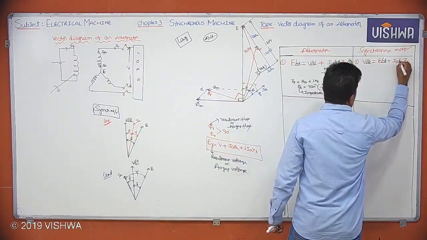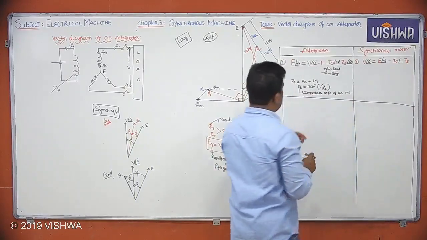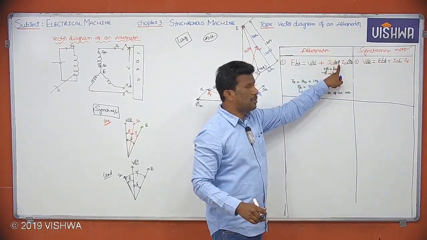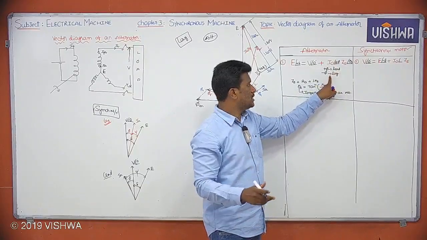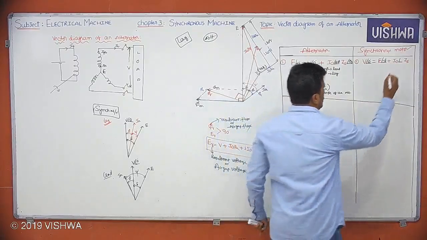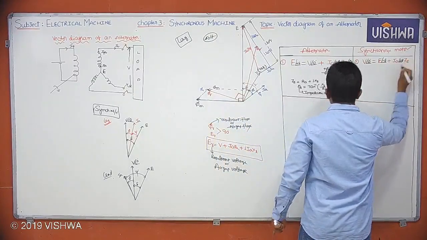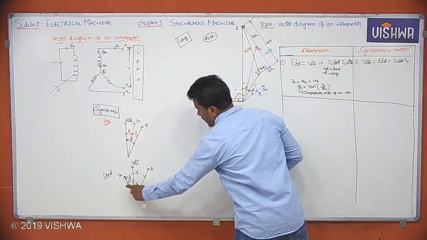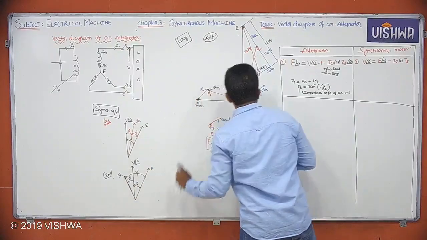Next, Ia at an angle of. Previously for alternator also plus or minus phi was written. Plus phi is for lead, minus phi is for lag. This won't change. You should write simply plus or minus phi. For lead loads, you should take plus phi. For lag loads, you should take minus phi.